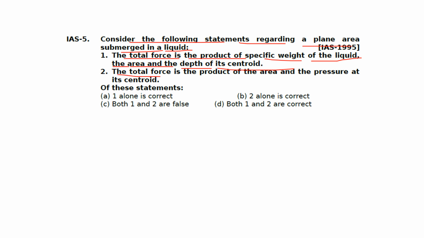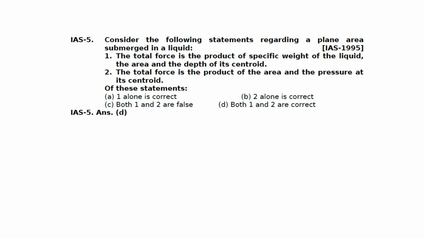The second: the total force is the product of the area and the pressure at its centroid. The first statement is the hydrostatic force, so it is correct. The second statement, the product of area and pressure at the centroid, is also correct. So both are correct.